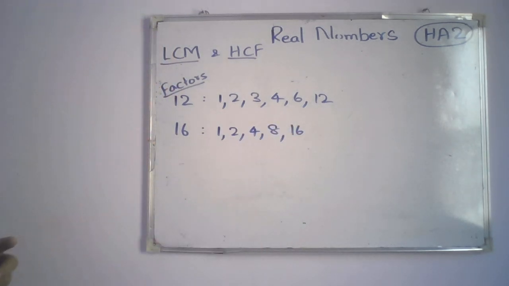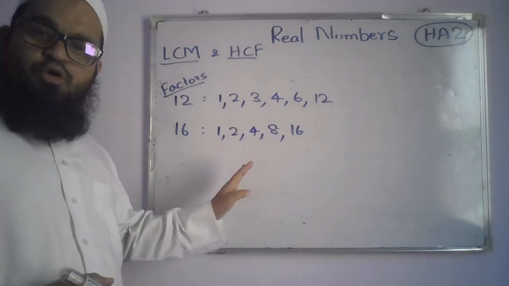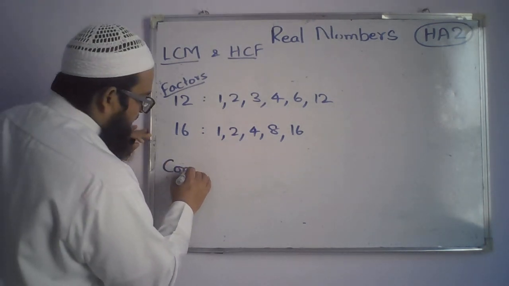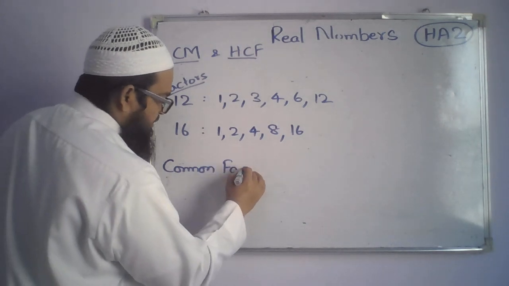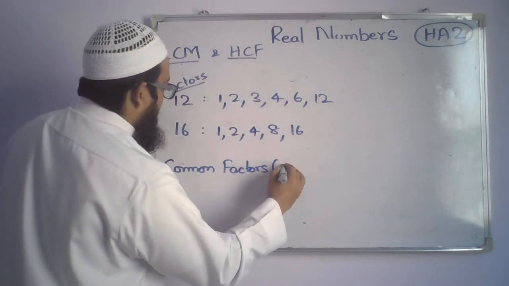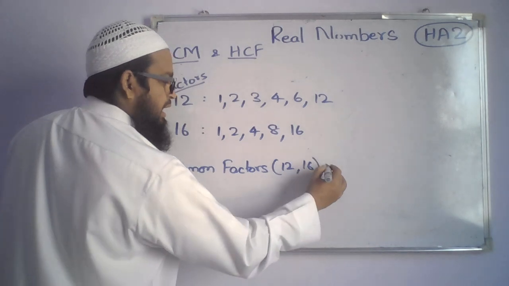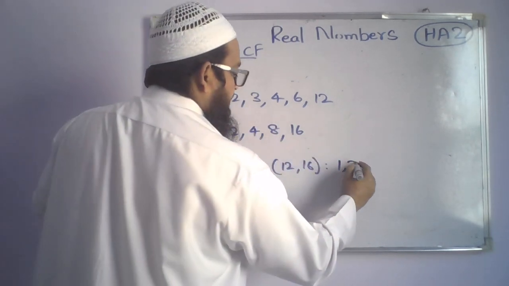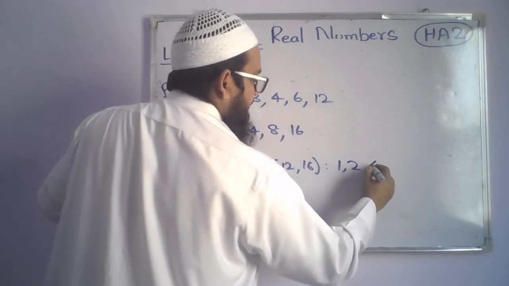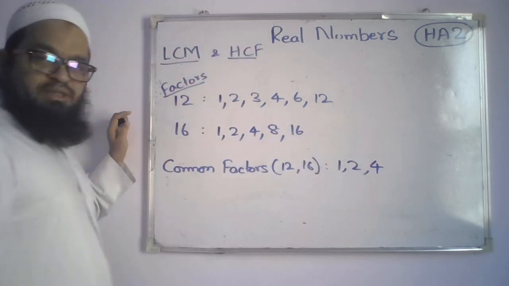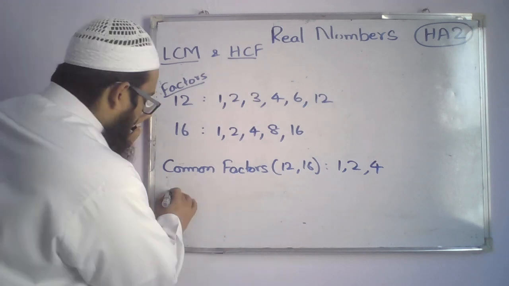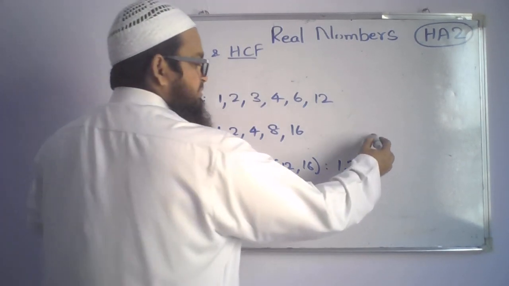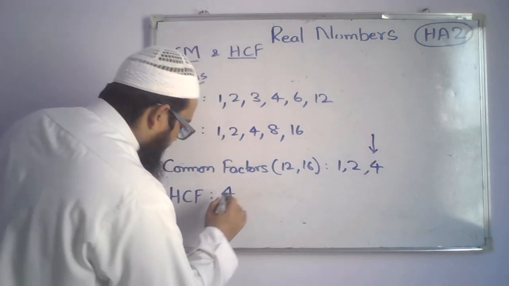So these are the factors of 16: 1, 2, 4, 8, 16. Now what are the common factors of 12 and 16? 1 is common in both, 2 is also common, and 4 is common. Anything else? We don't have anything else common.